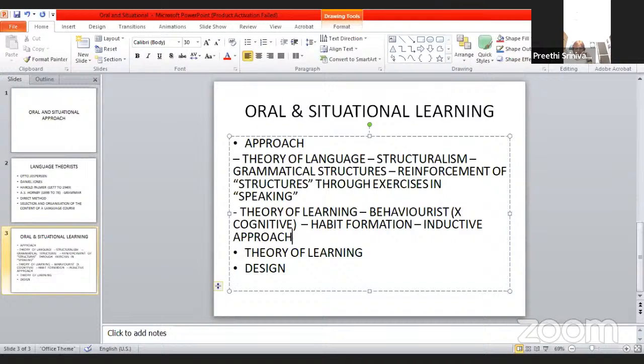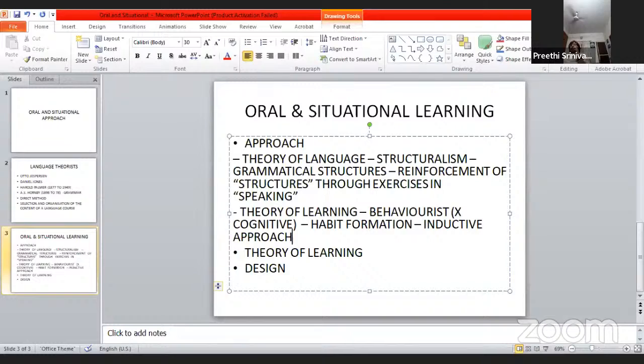So they don't give explanation about the structures, all right, but it is to be induced from the way the form is used in a situation. Explanation is therefore discouraged, and the learner is expected to deduce the meaning of a particular structure or vocabulary.